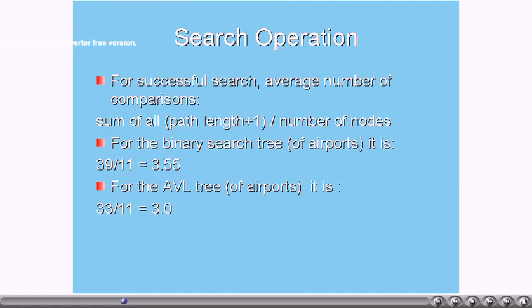We know both binary search tree and AVL trees are for searching purpose only. While searching, we traverse from the root node and move downwards, either left or right, based upon the value available in the nodes and also based on the key we are trying to search for.